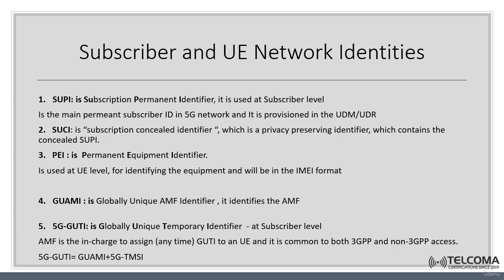And the GUTI is a common identifier which is used with the 3GPP or non-3GPP access. The GUTI can be reassigned to the user equipment at any time, and the 5G GUTI is equal to the GUAMI number plus the 5G TMSI.